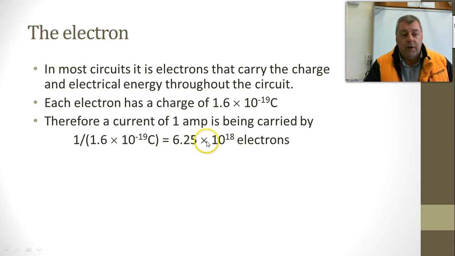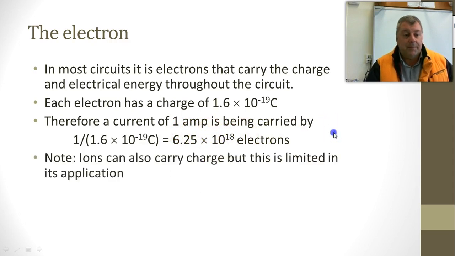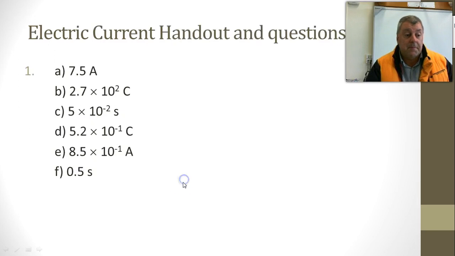And it's 6.25 times by 10 to the 18. So we could jump this decimal place 18 times, adding a 0 each time, and that's how many electrons are flowing. Note, ions can do this as well, but the charge of the ion would be different, perhaps.